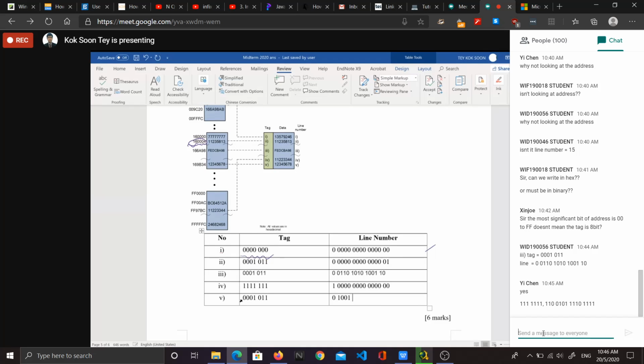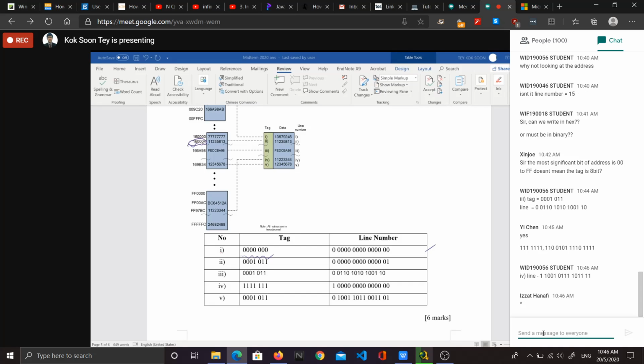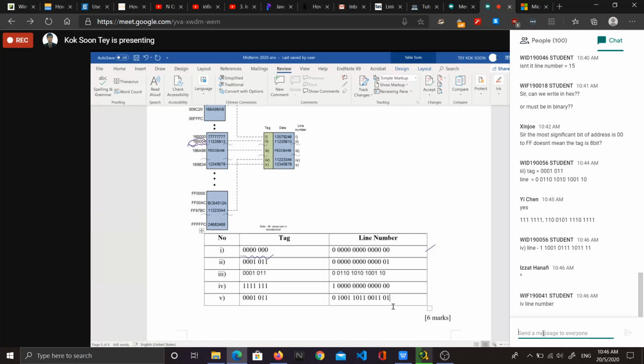1B. B is 101, correct? 3. And the last one is 4. Correct, correct. Check my answer. The last one is 4, right?